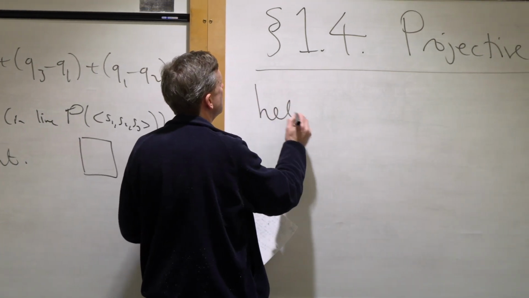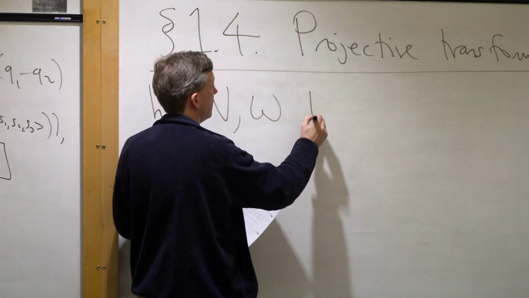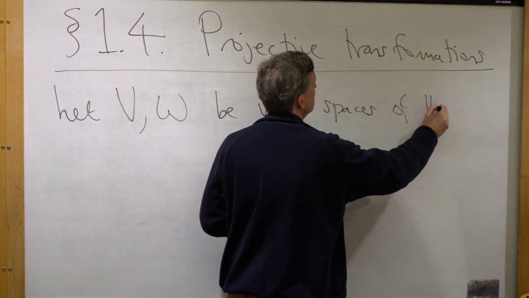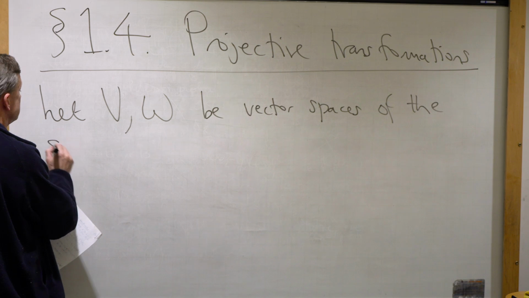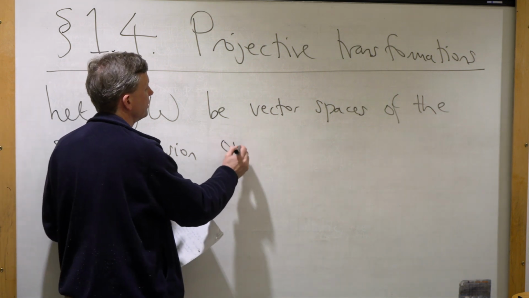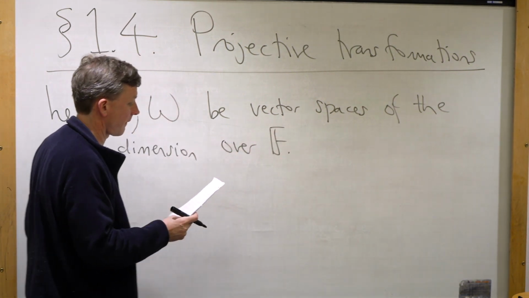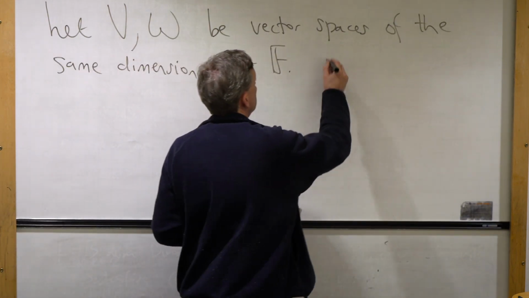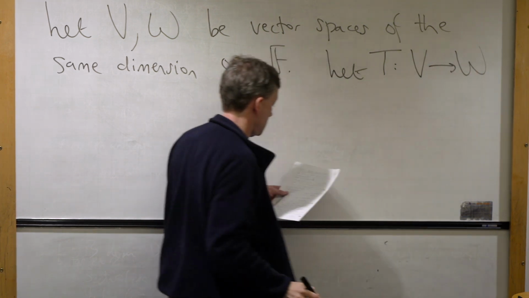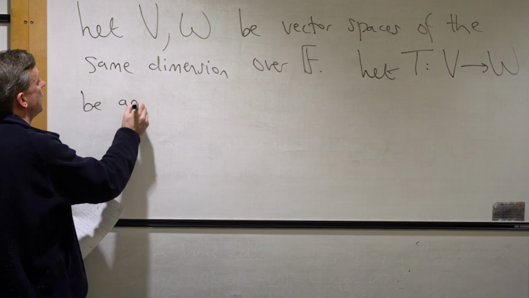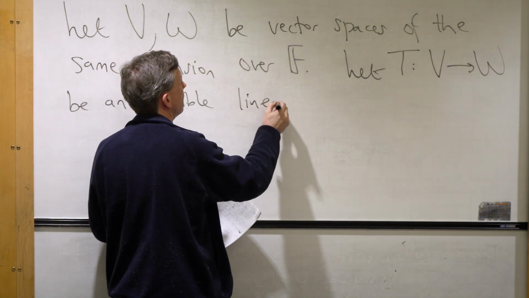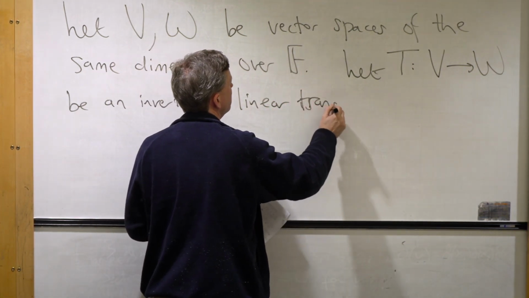So let big V and big W be vector spaces of the same finite dimension over the same field F, and let big T going from V into W be an invertible linear transformation, so an isomorphism of vector spaces.